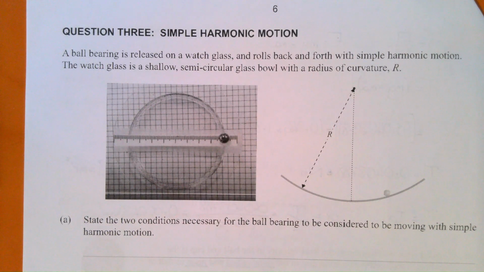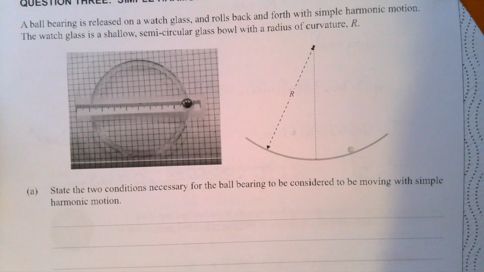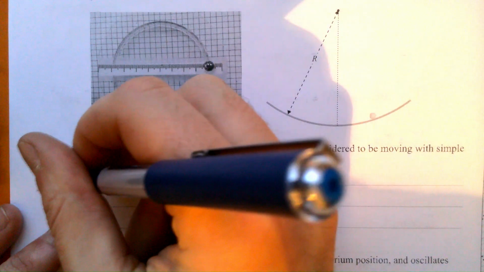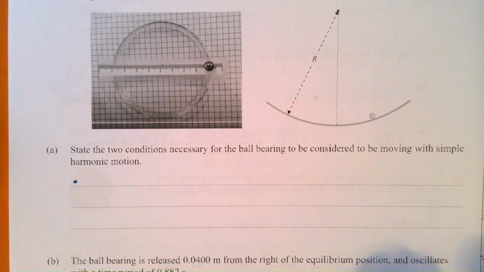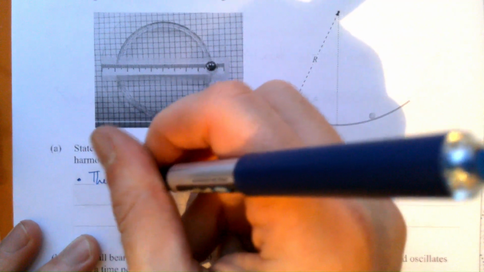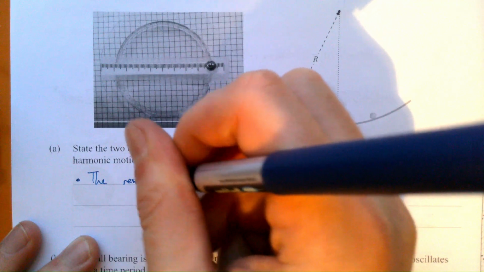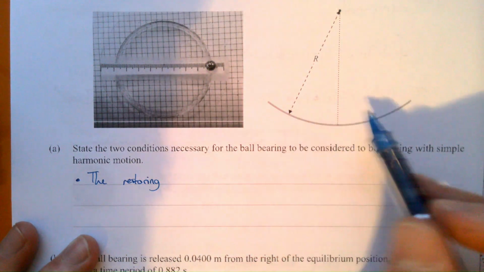Okay, final part. Question 3. Simple harmonic motion. A ball bearing is released on a watch glass and rolls back and forth with simple harmonic motion. The watch glass is a shallow, semicircular glass bowl with a radius of curvature r. Now this is one of those questions that's purely recall based. I'm going to do 2 bullet points, both of which are going to discuss the restoring force. First of all, the restoring force. In this case, that restoring force will be gravity because it's a marble rolling up and down a hill.